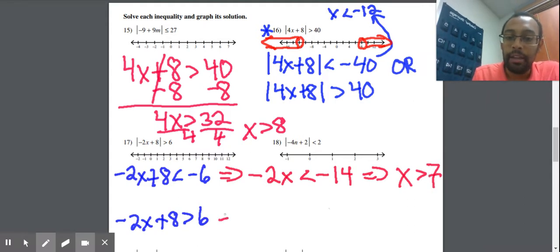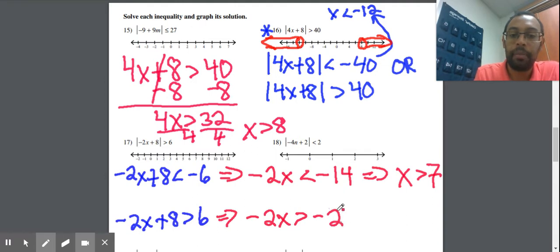Looking at the second inequality, when I subtract 8 from both sides, I get negative 2x is greater than negative 2. And when I divide by negative 2, I flip the sign, and that's going to give me x is less than 1.